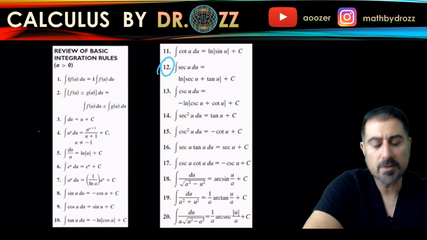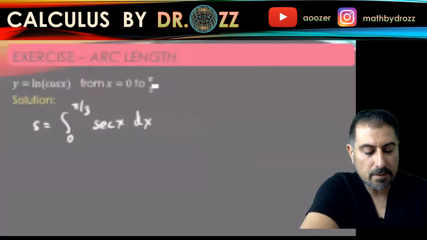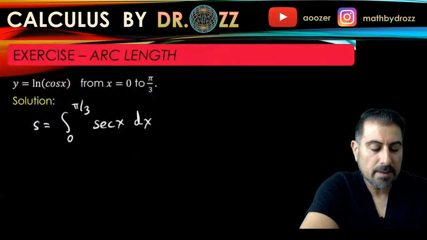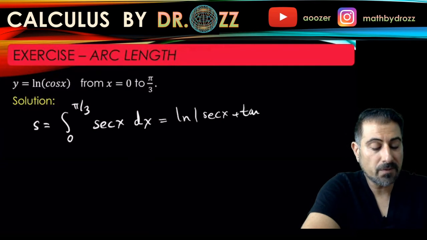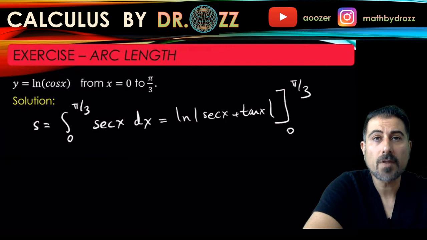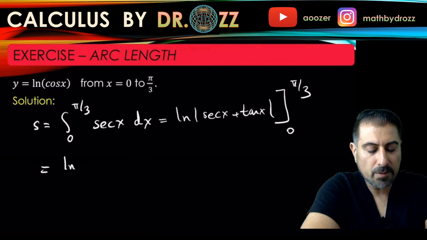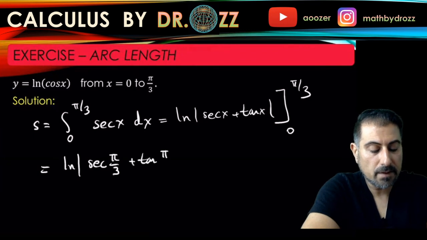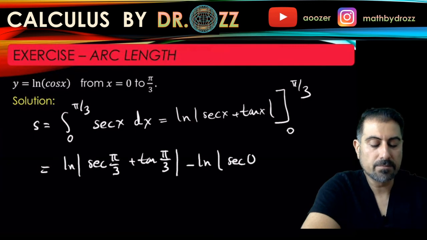All I'm going to do here is write this as ln of the absolute value of secant x plus tan x, and using the fundamental theorem of calculus, because this is a definite integration, let's plug in pi over 3: ln of secant pi over 3 plus tan pi over 3, minus ln of secant 0 plus tan 0.